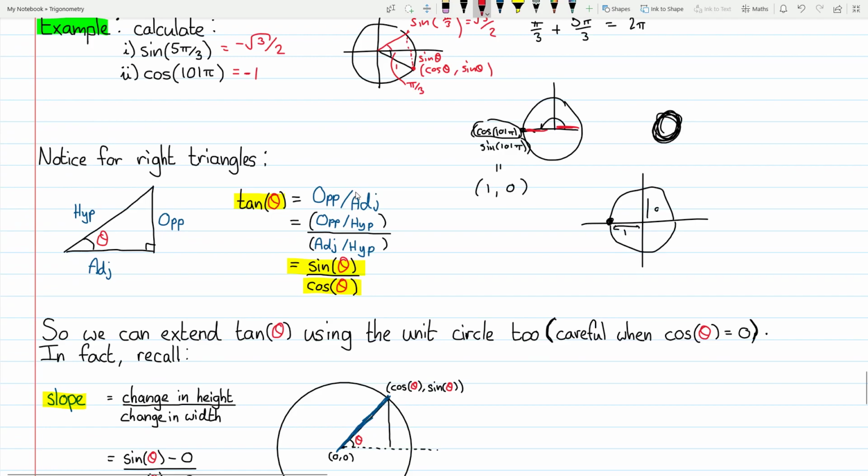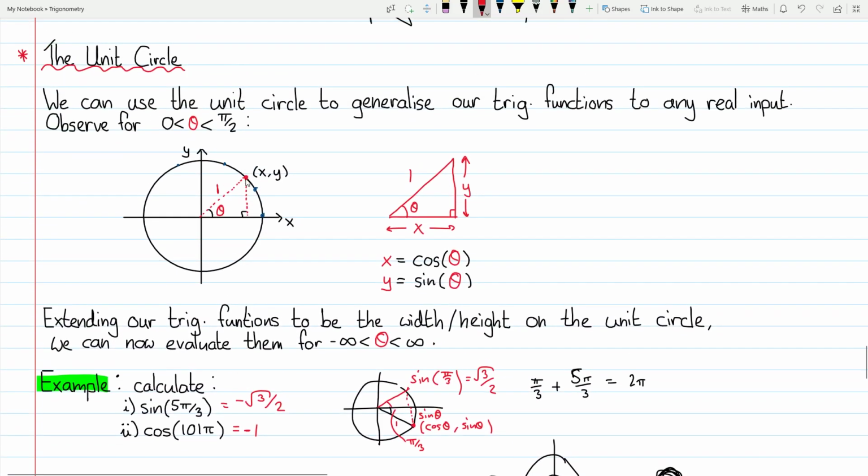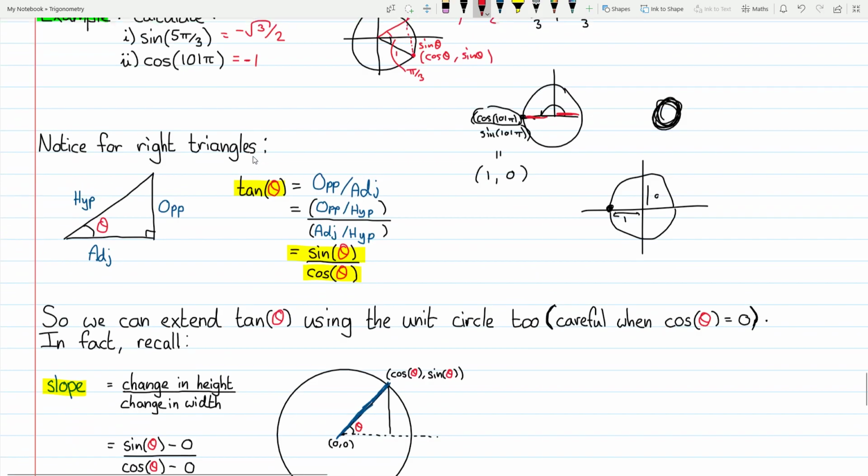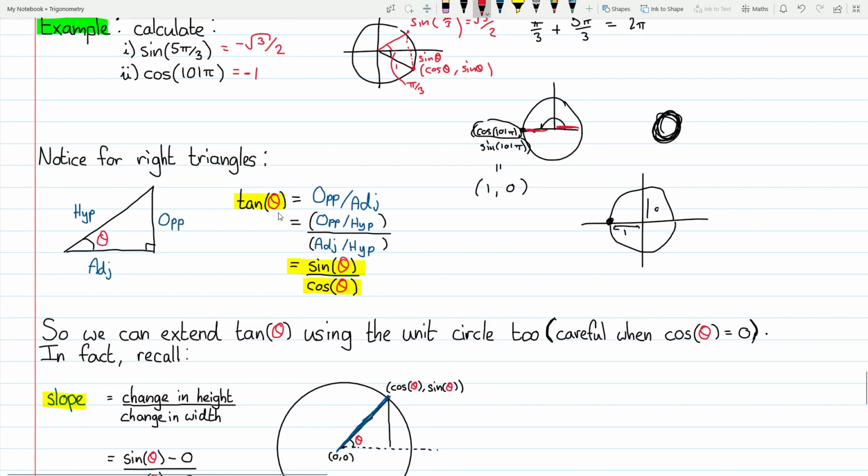Now we know that on this unit circle, the sine function represents the height, the cosine function represents the width. What does the tangent function represent? Well, we can look at the right triangle and notice how, again, tan equals opposite over adjacent. We can divide both the top and bottom by the hypotenuse and not change anything.